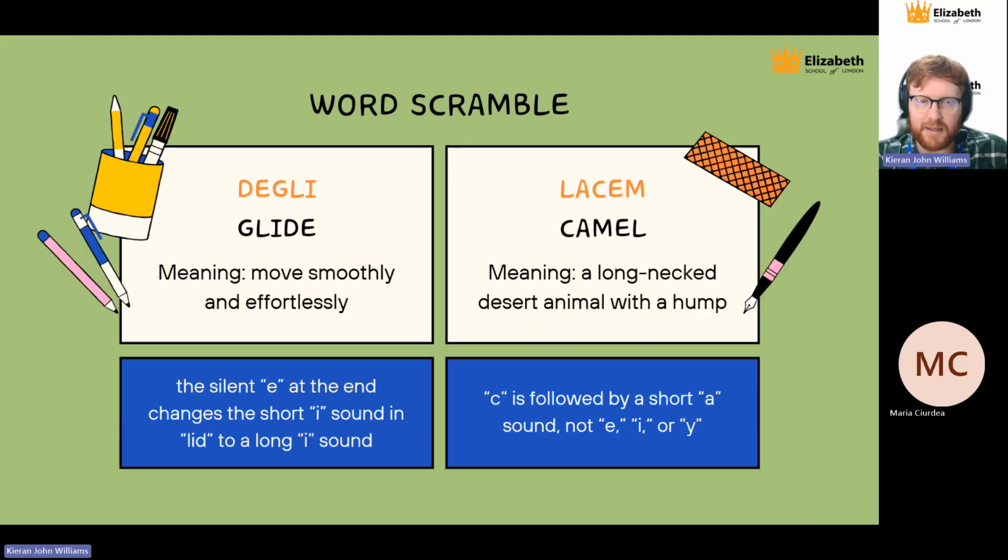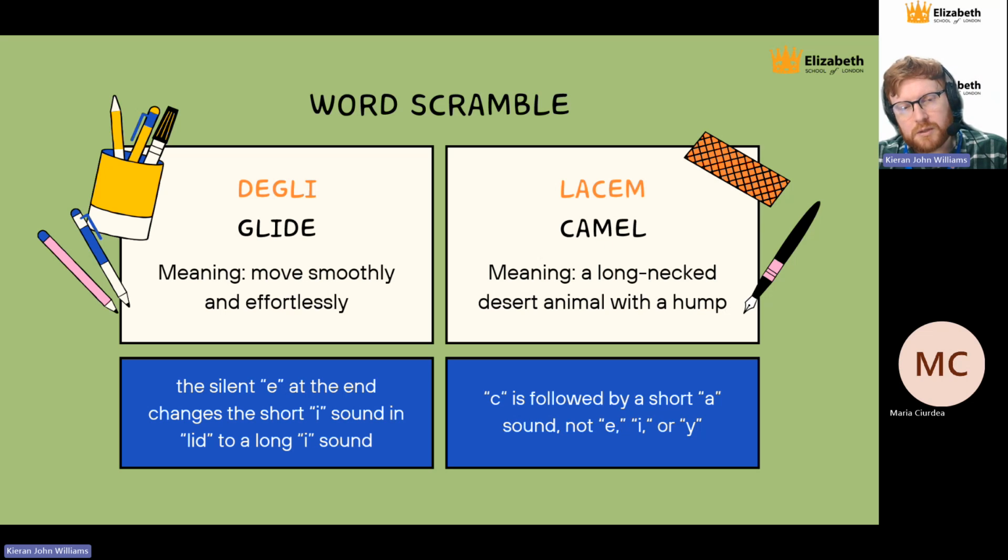So we can find out that for the first word, it was glide. To move smoothly and effortlessly. Okay, so we've got the E at the end. That tells us that the I needs to be a long sound. So instead of I, it would be I. So glide.